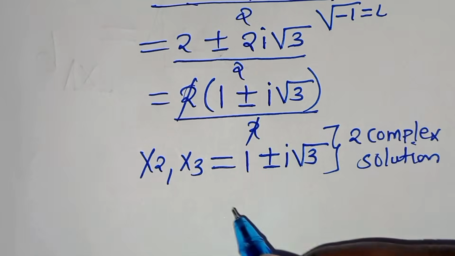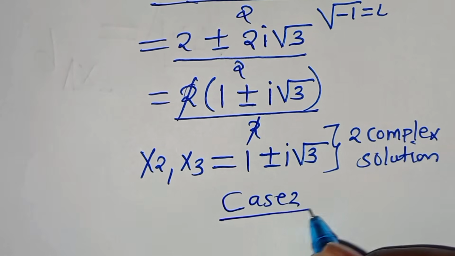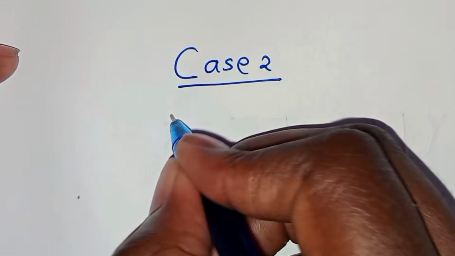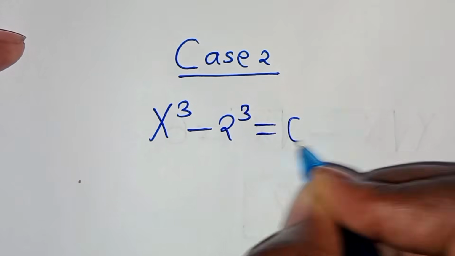So let's proceed to case 2 from here. Now in case 2, we have x to the power of 3 minus 2 to the power of 3 equal to 0.